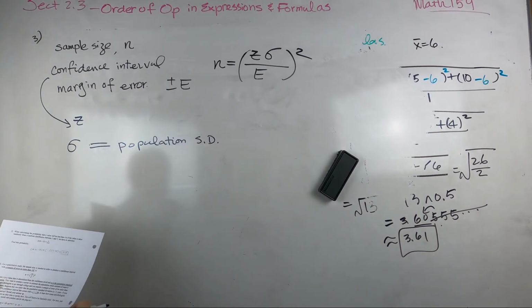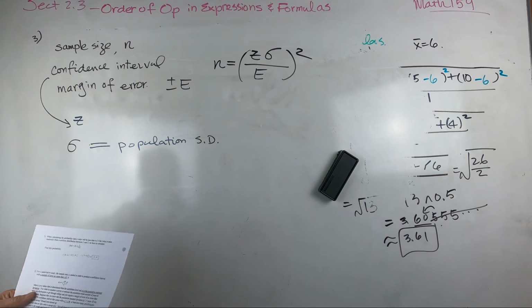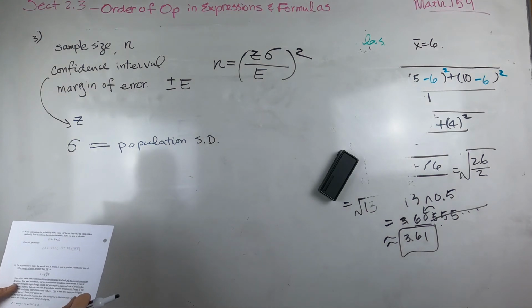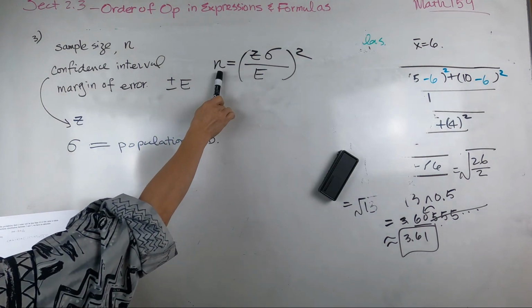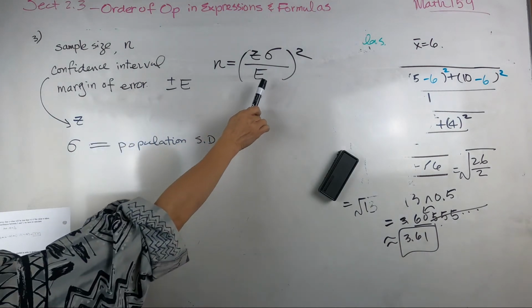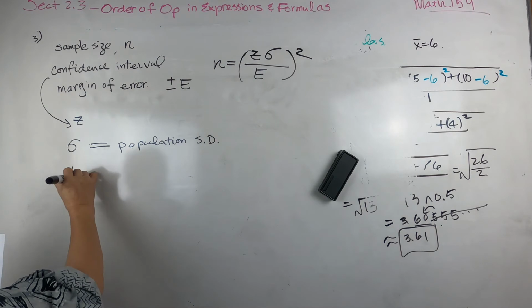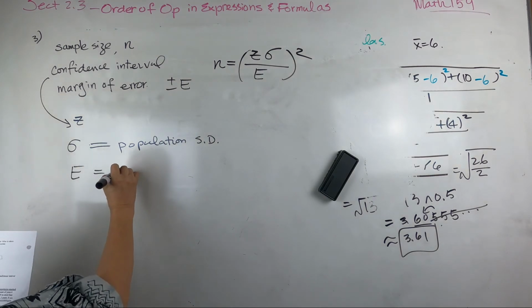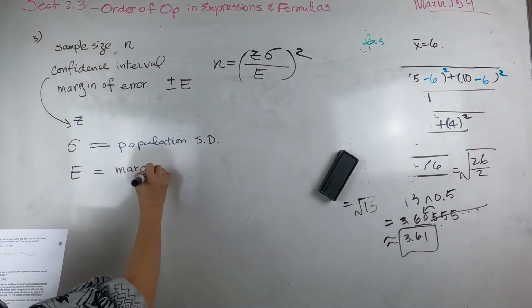Okay, and what else? To calculate n, we need z, we need sigma, we need E, right? E is here. E is the margin of error.